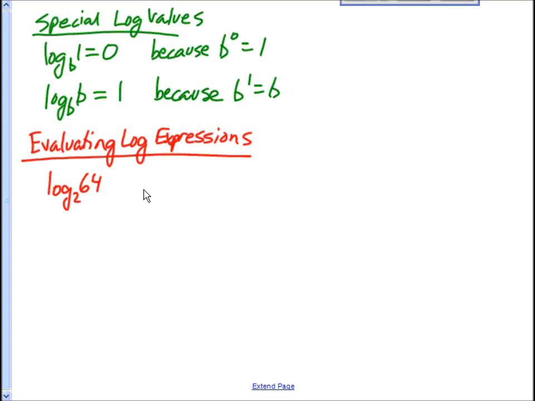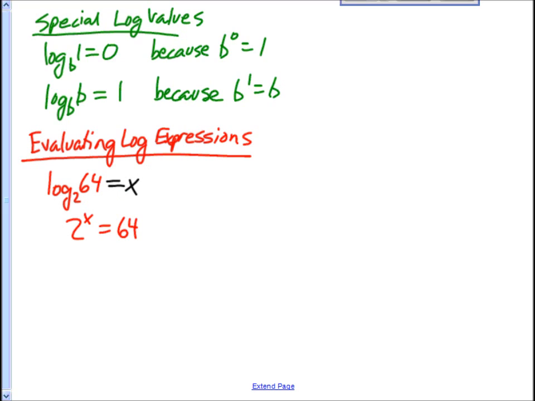Okay? Got this log base 2 of 64, and we're trying to evaluate this without a calculator here. If I'm taking this, I'd set this equal to x first of all, and then I'd run the old property, that definition. So I'd use that logarithmic form to put it in exponential form. So I say 2 to the x equals 64.